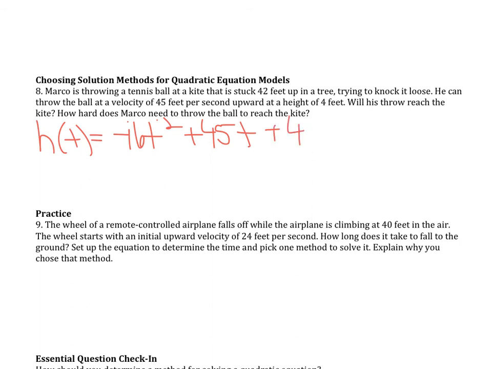Then they tell us the final height is 42. So I'm going to replace my h over here with 42. And then in order to solve, I need to subtract that 42 because we need to get it set equal to 0.